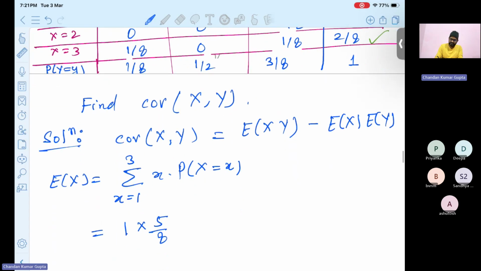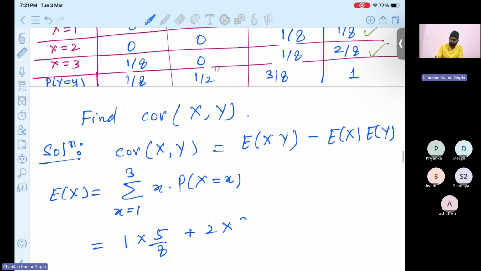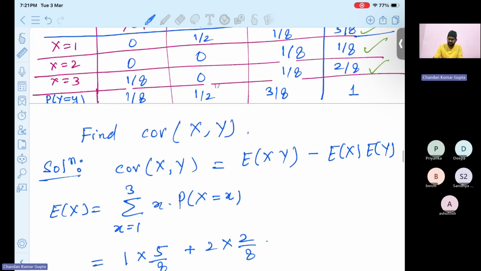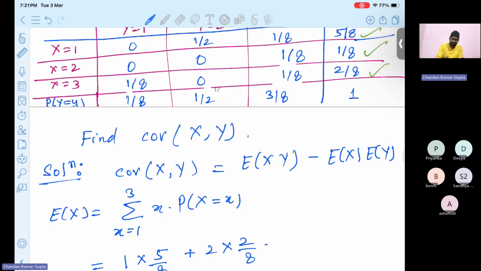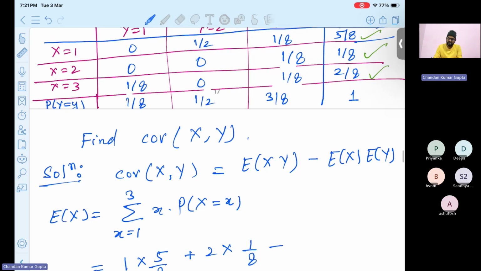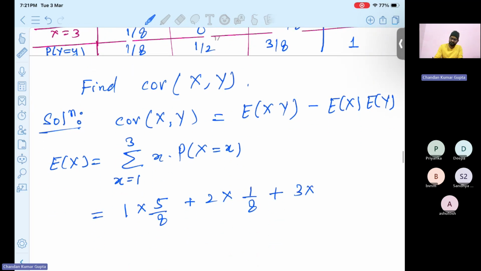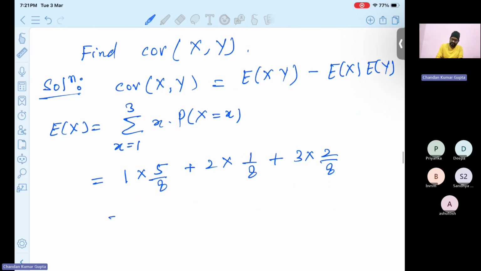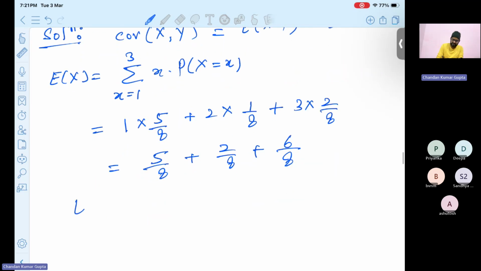So it's 5/8 plus 2 times 1/8 plus 3 times 2/8. It comes out to be 5/8 plus 2/8 plus 6/8, so the expected value of X comes out to 13/8.